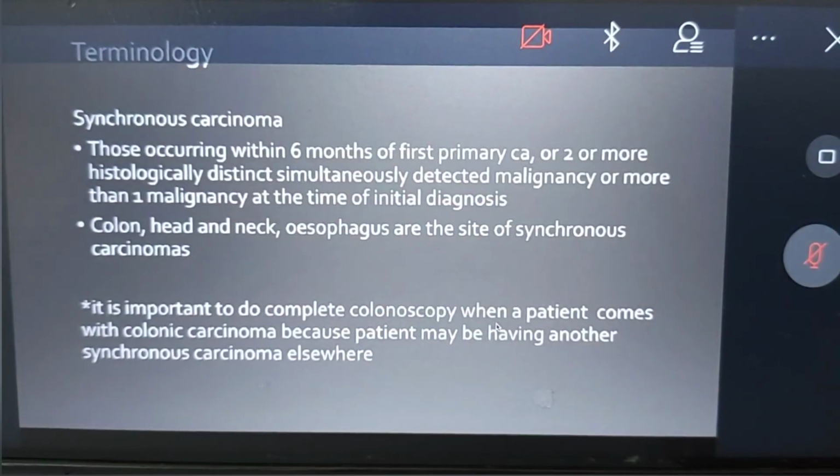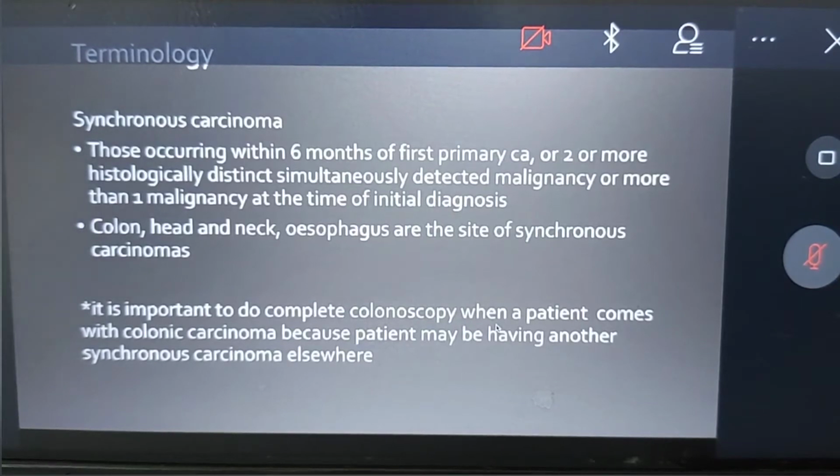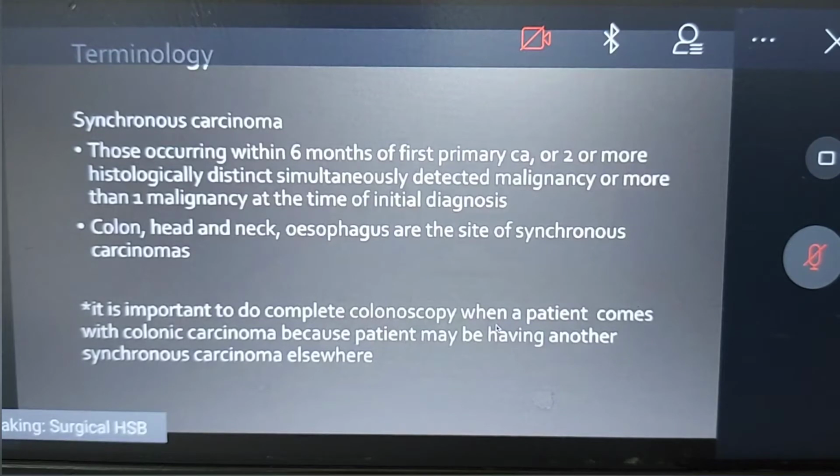Before we start the main topic, we should know a few terminologies. The first is synchronous carcinoma. It is defined as those occurring within 6 months of the primary carcinoma, or 2 or more histologically distinct simultaneously detected malignancies, or more than one malignancy at the time of the initial diagnosis.